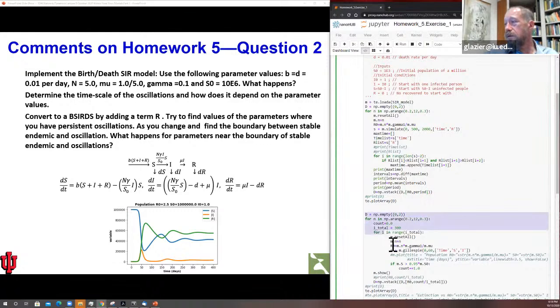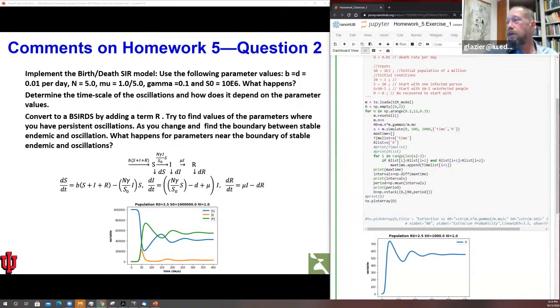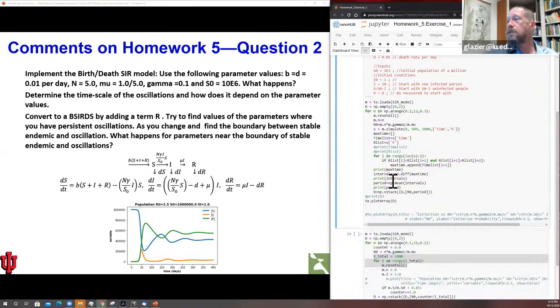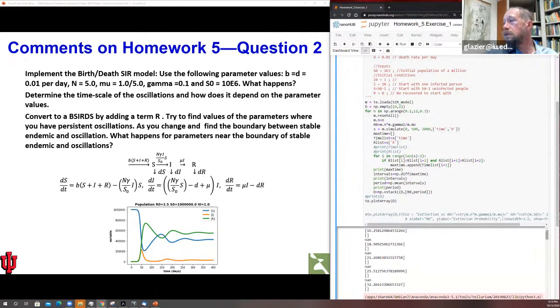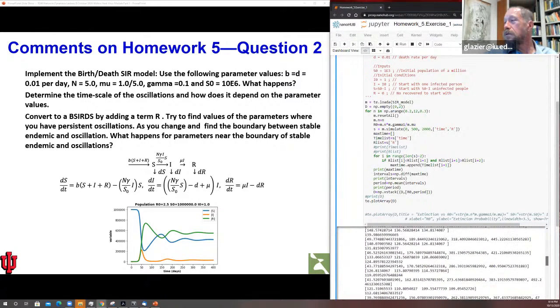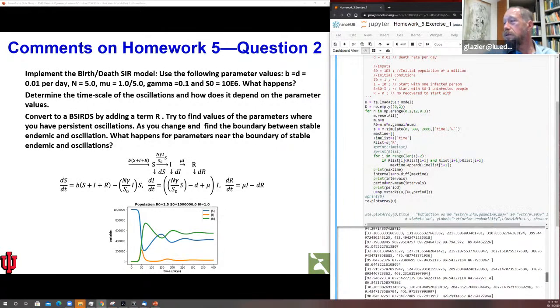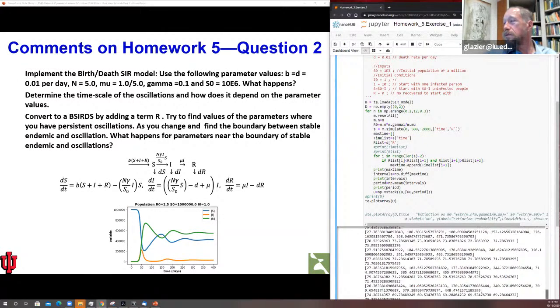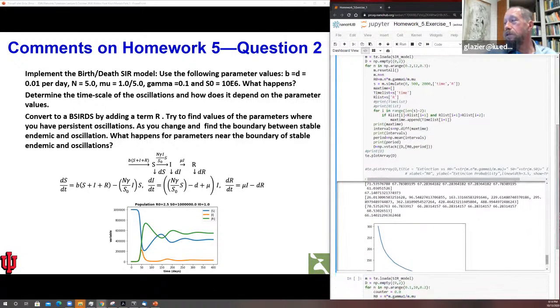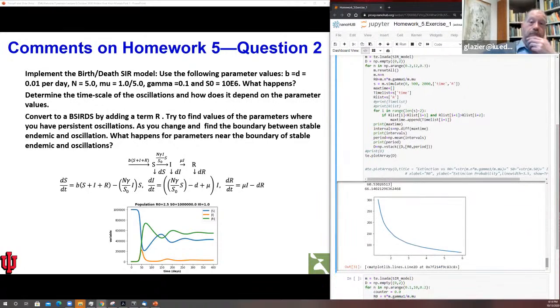And now I can get rid of all this stuff down to here. So maybe I want my plotting labeling. I made a mistake. What did I do? All right, no, well, I forgot to take my prints out, but there it worked.